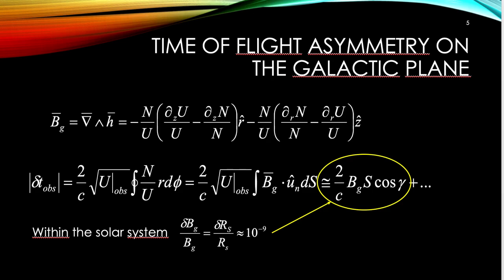In practice, we may assume that B_g is a constant, as well as U can be approximated to 1, and the result is that the time-of-flight asymmetry is simply the product of the gravito-magnetic field times the area contoured by the electromagnetic signals times the cosine of the angle between the axis of the contour we are using and the axis of the galaxy, plus other terms which include contributions from different sources, such as the sun, and of course, the kinematical Sagnac contribution too.